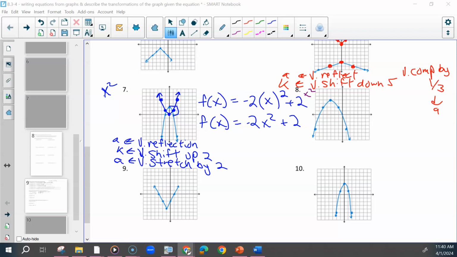Okay, it did move left, so that would be horizontal. And what is it, 3? Yeah. And up, which would be vertical. It is reflected. And it's compressed because it's wider.